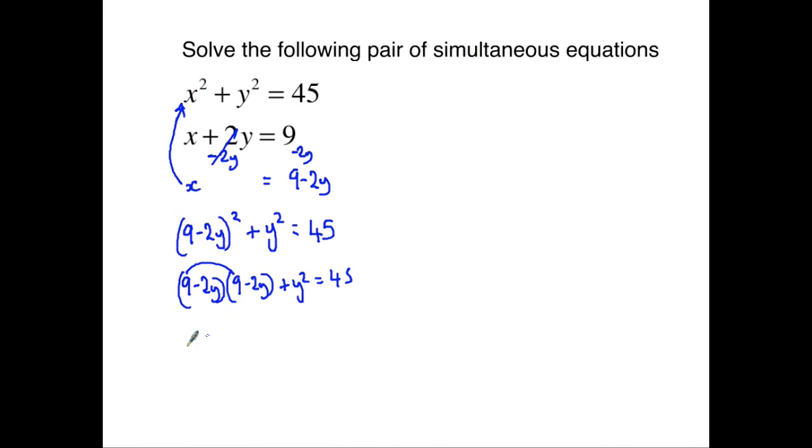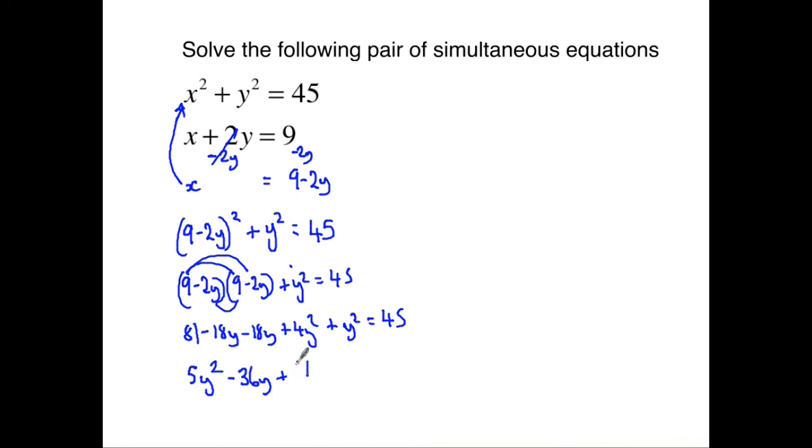So when we expand all this out, we're going to get 81 minus 18y minus another 18y plus 4y squared, plus that extra y squared that's lying over here, equals 45. Tidying all up to make it look a bit more presentable will give us 5y squared minus 36y plus 81 equals 45.